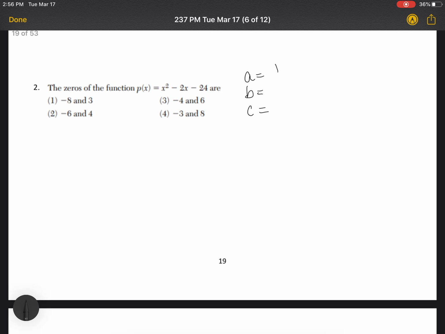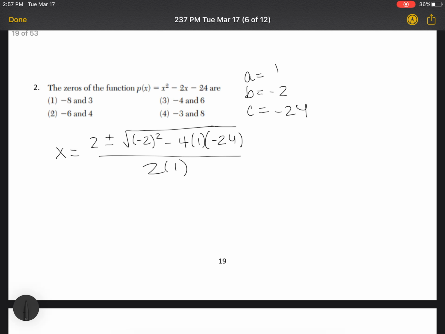A is 1, b is -2, c is -24. Plug it into the formula. x equals -b plus or minus the square root of b squared minus 4 times a times c, all divided by 2a.